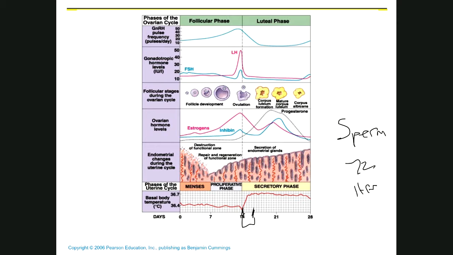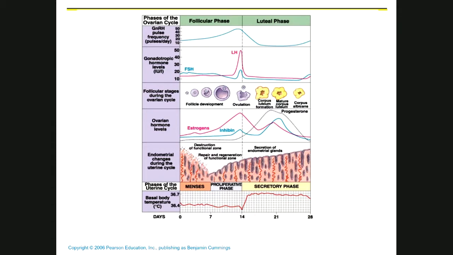And so copulation could have occurred over here as well. So copulation can occur up to 3 days before to 1 day after. So there's about 4 days per month that pregnancy or that conception can happen, and that's it. These 4 days per month. But you have to know which days they are.